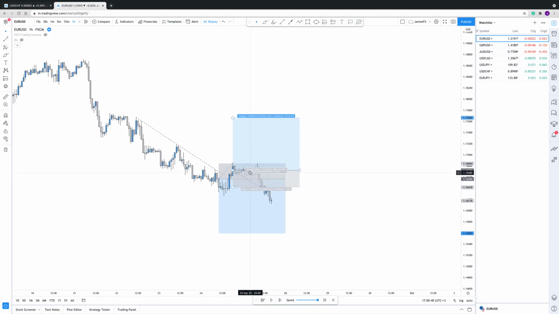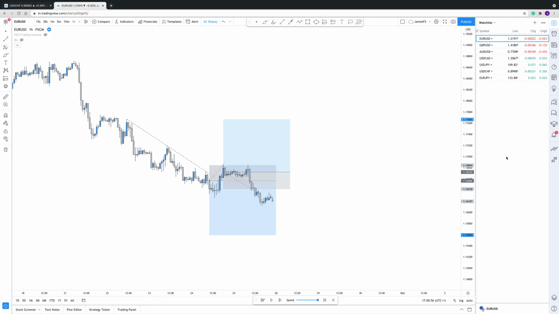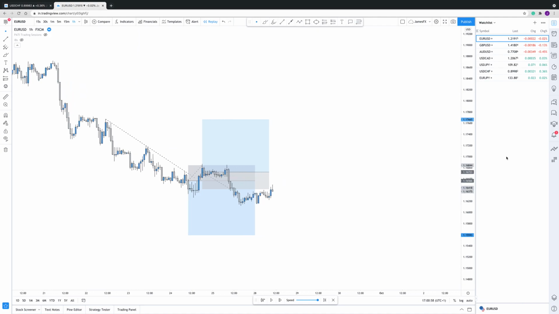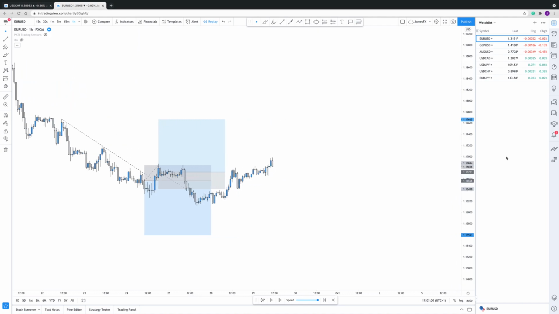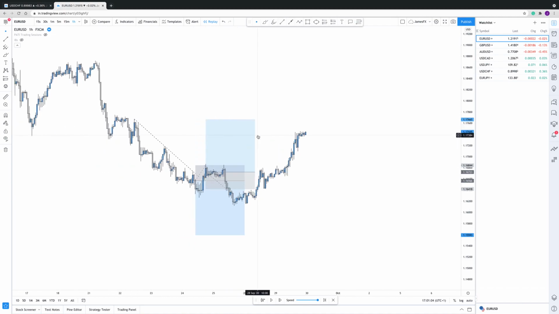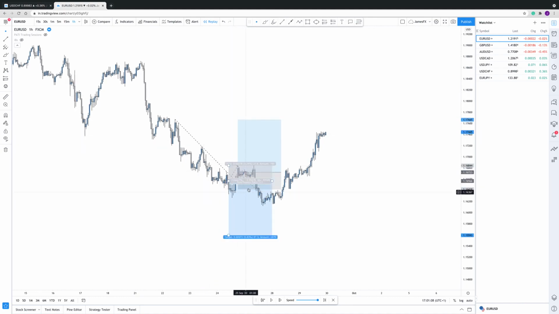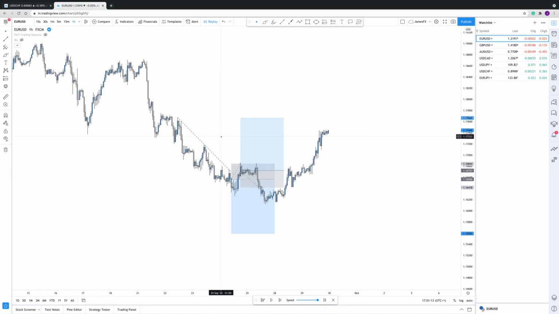Now that we've taken liquidity and we've got the fuel to actually move the market, that's what's going to happen next. We can now see a move in one direction, which is what we got here. Price commits to one direction because it now can, because we've taken liquidity from buyers and sellers.